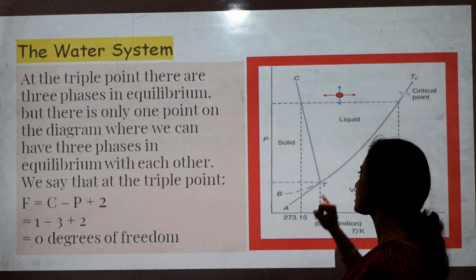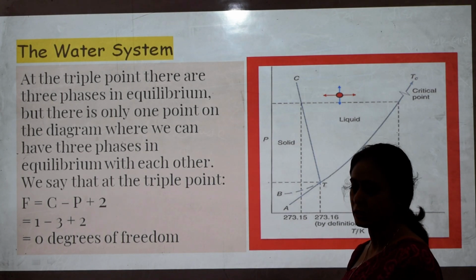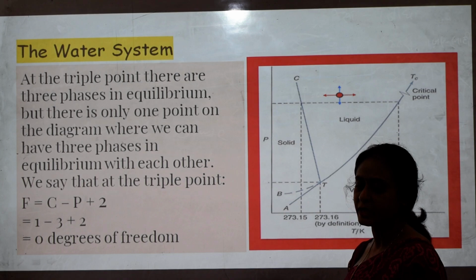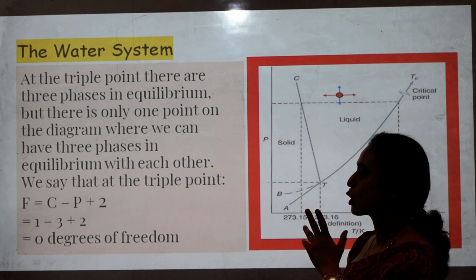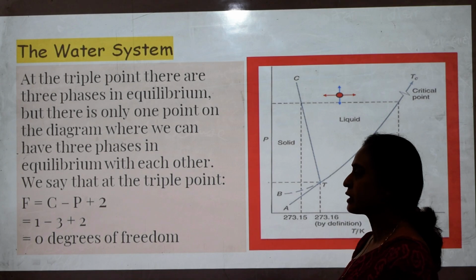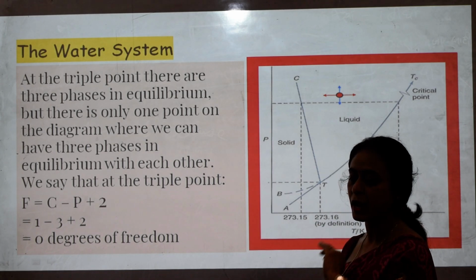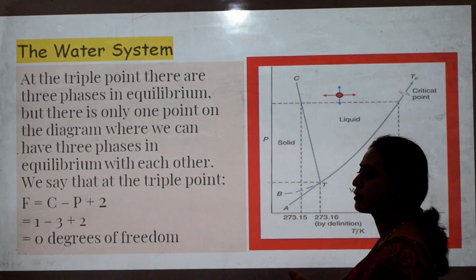This particular point is known as the triple point, denoted by T. Triple means 3 phases are present, and by applying the phase rule, if the component is 1, phases are 3, the degree of freedom is 0. It means it is a self-defined system and no variation is actually required.